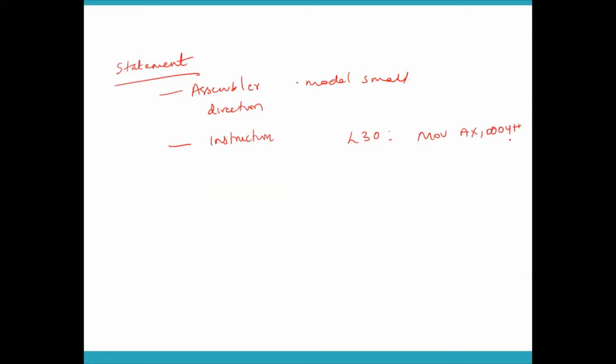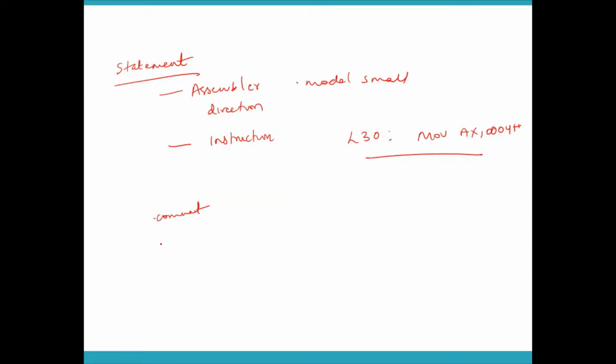Statements can be assembler directives, like .model small, which is a statement and an assembler directive at the same time. Then you can have statements which are instructions. For example, L3: mov AX, 004H. This is an instruction.